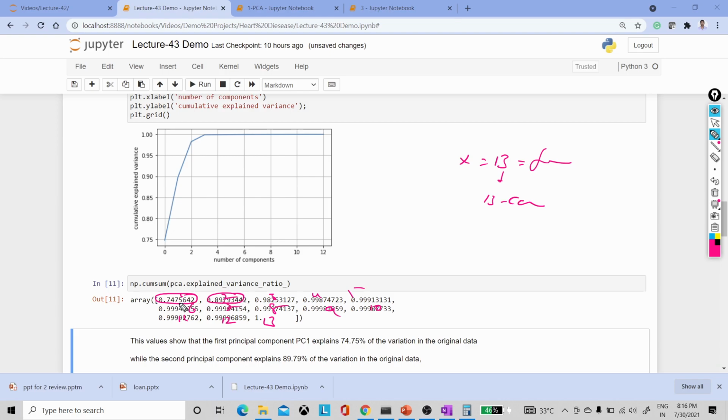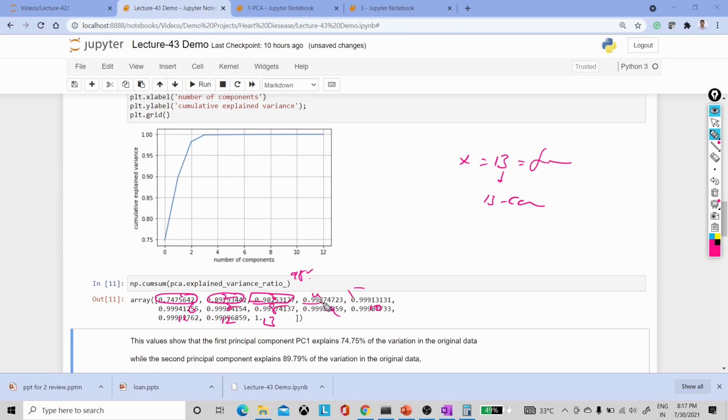So even if you take only the first PCA, about 75%, the rest, 25% of the information, will be lost. If you take two components, 89% of the information is explained by the PCA. If you take three components, 0.98 means 98%, so 2% is missing.